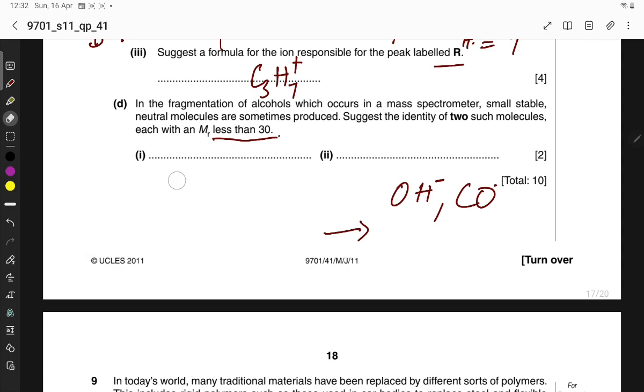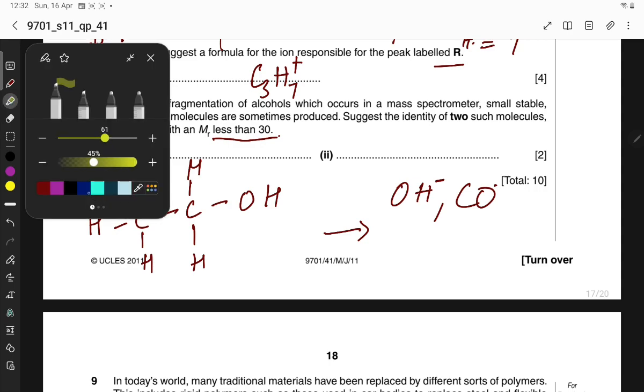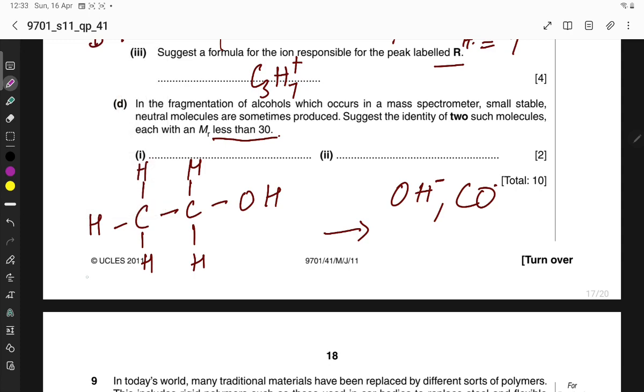Take any alcohol, I will look at this compound, ethanol. This neutral molecule can be lost.